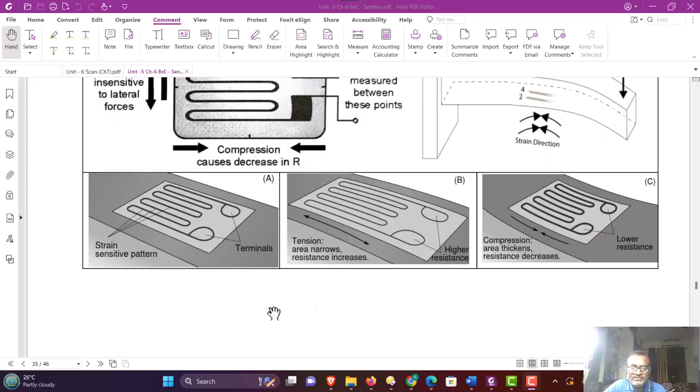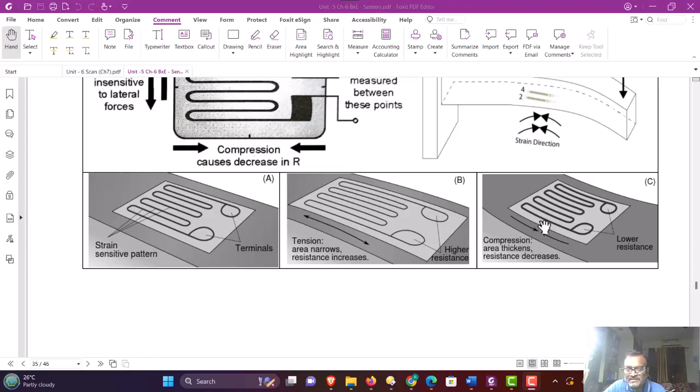Here the same is shown in the figure below. The normal foil strain gauge is shown. Terminal connections are also shown and there is no deformation in the first figure A. When the foil is slightly bent, there is a tension created in these wires of the foil strain gauge and the resistance changes.